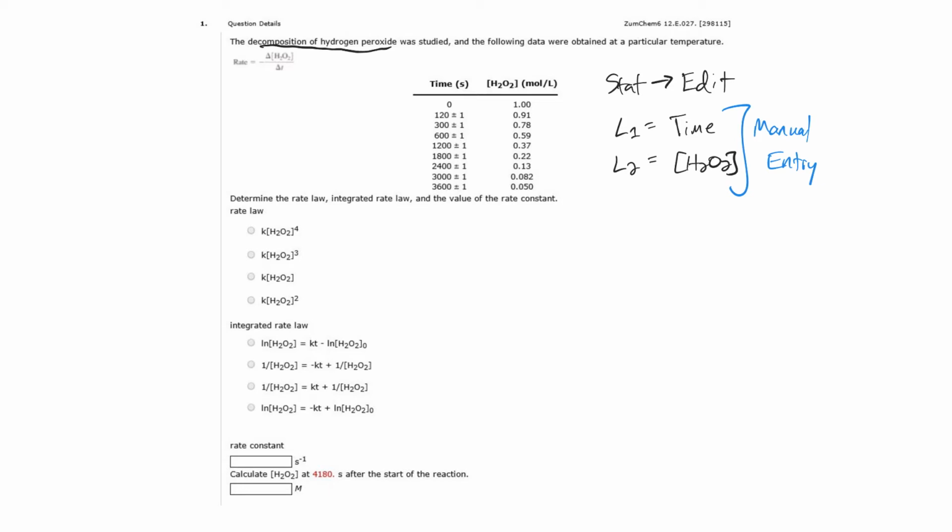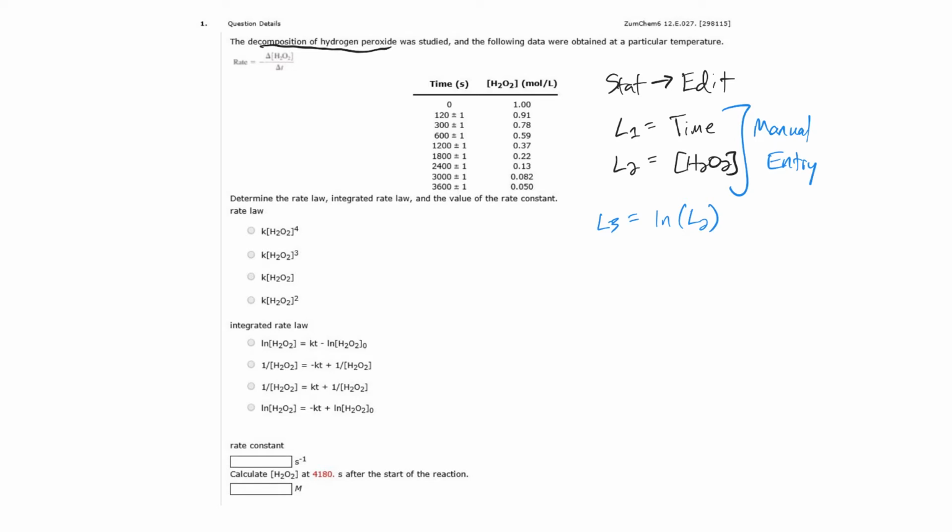In the other columns, you can do a shortcut. So for L3, if you highlight L3, and then hit enter, and then type in natural log, and open parentheses, and then hit second and the number 2, and what'll show up is L2.